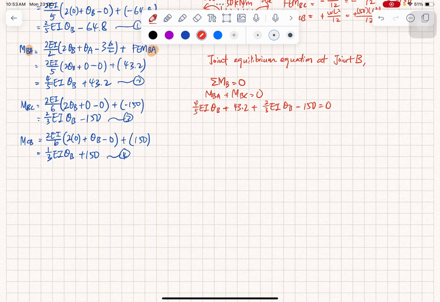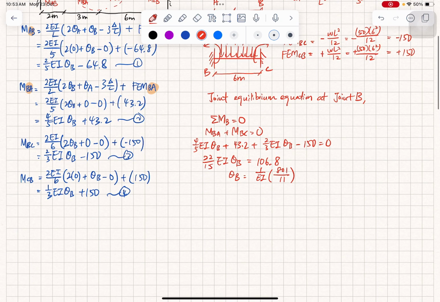So let us calculate using the calculator. 150 minus 43.2, you'll get 106.8. So theta B, EI moves over to the right side to become a denominator. 168 divided by 22 over 15, you'll get this one. Let us write it in fraction, it will be more accurate.